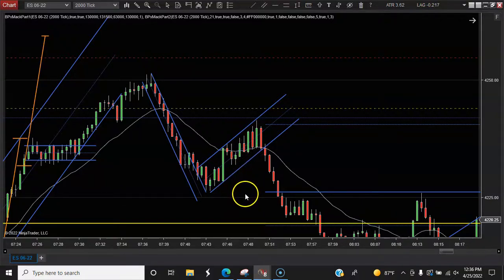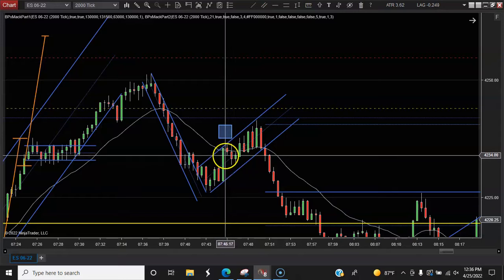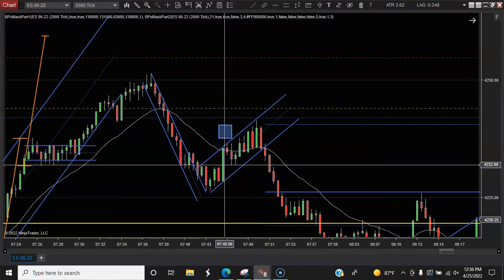So I would guess that the true second entry probably came right here. Not sure if they trapped those people too. That's a doji. 33.75.